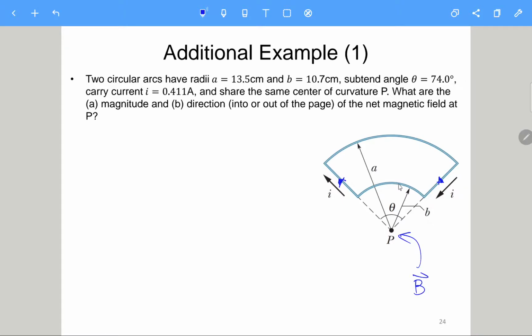So the only parts that will generate a field are this part and that part.